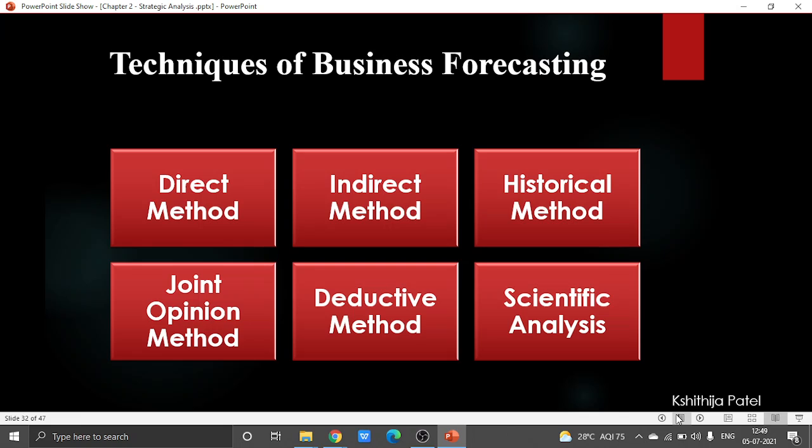Normally this scientific method of analysis answers quite a few complex questions of the organization, such as what is the relationship between the cause and the effect that is happening, and thereby what is the reason for such a relationship.